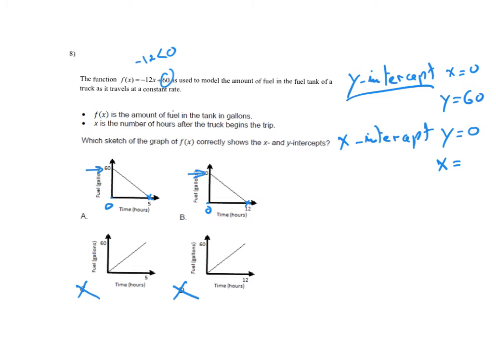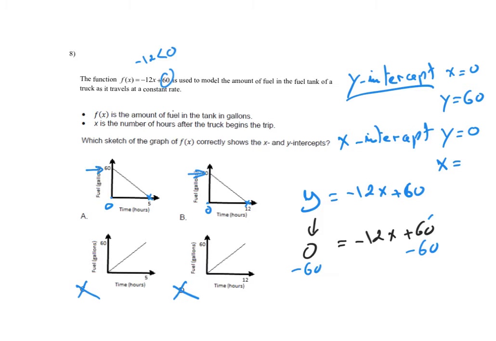We can use the equation y equals negative 12x plus 60. We substitute y with 0 and solve for x. So we have 0 equals negative 12x plus 60. Let's subtract 60 on both sides: negative 60 equals negative 12x. Then we divide by negative 12 on both sides.